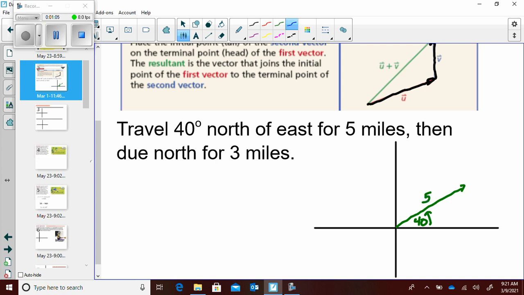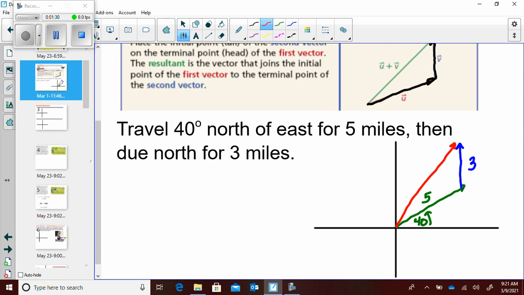And we will go due north for 3 miles. My resultant vector would be right there. Then we will use law of sines and cosines and all trigonometry to find out various things in this. But that is just drawing your vectors by vector addition. We're going 5 miles this way, 3 miles this way. This would be my resultant vector.